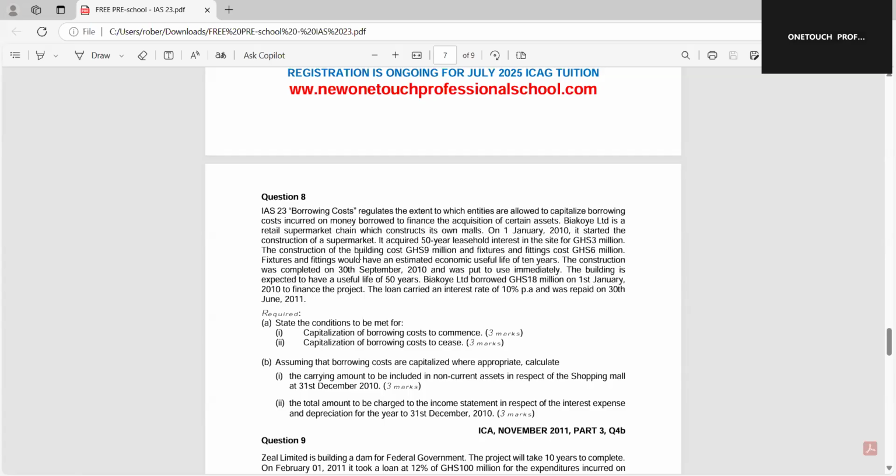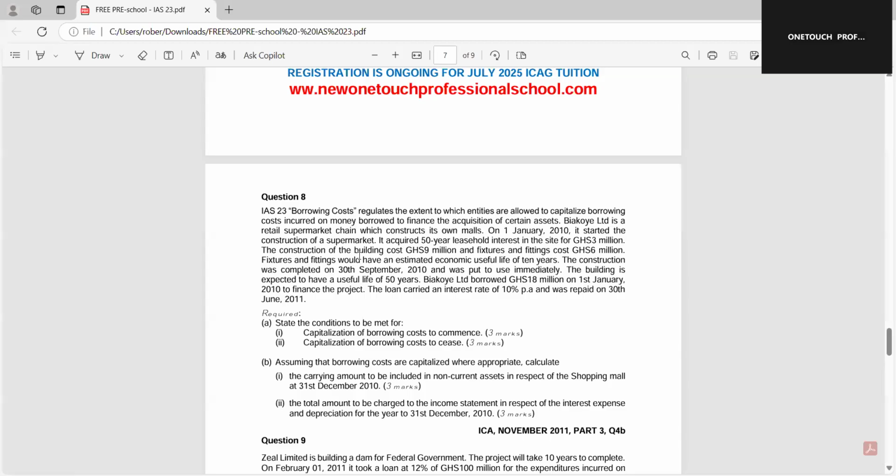On 1st January 2010, it started the construction of a supermarket. It acquired a 50-year leasehold interest in the site for 3 million cedis. The construction of the building cost 9 million, and fixtures and fittings cost 6 million. Fixtures and fittings would have an estimated economic useful life of 10 years. The construction was completed on 30th September 2010 and was put to use immediately. The building is expected to have a useful life of 50 years.